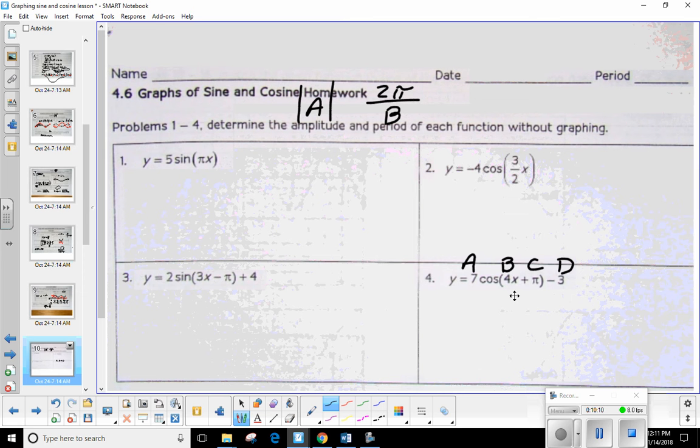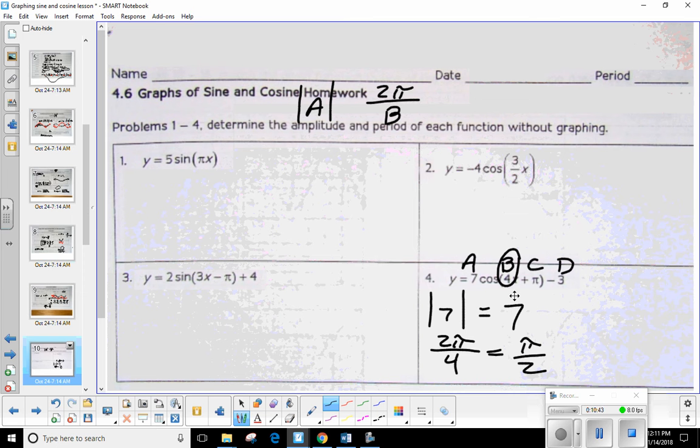Okay, well, the amplitude would be the absolute value of 7, because that's the value of A, right? Well, that would just give me 7. So that means 7 is half the height of my wave if I were to look at him. So he'd be 14 units tall in total. The amplitude is only half. Now, what Israel was telling me about for the period, 2 pi over B, well, I see that B is 4, so 2 pi over 4, so that would just be pi over 2.